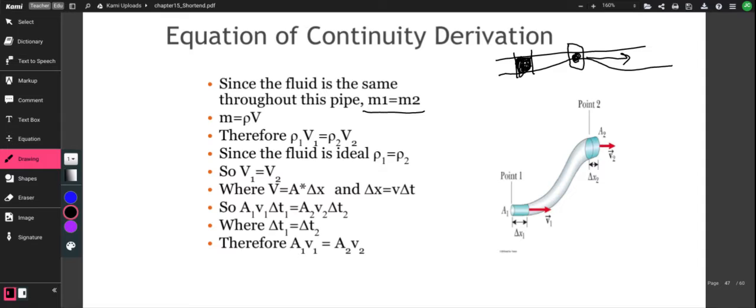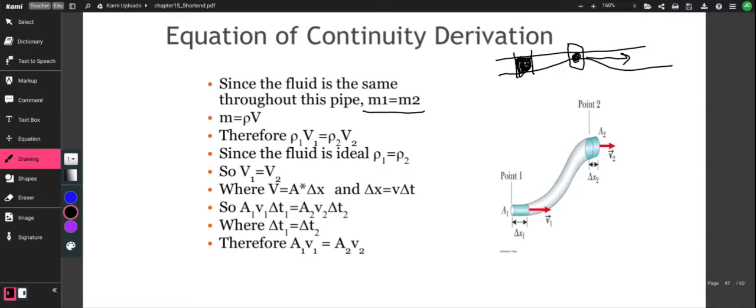That means if the mass that flows through here and the mass that flows through here is the same at any given point, then the density times the volume, which is mass, is going to be the same. So rho V1, this is volume, is equal to rho V2, which is also volume.